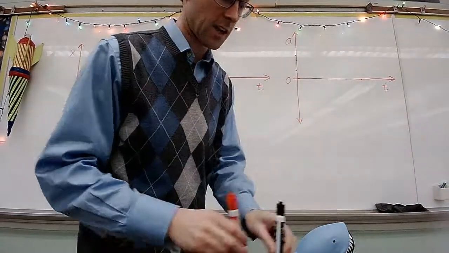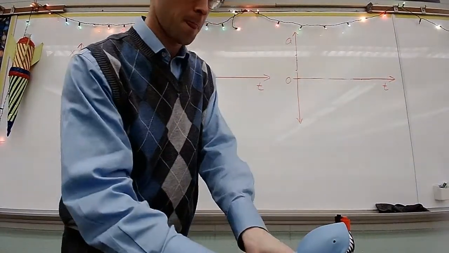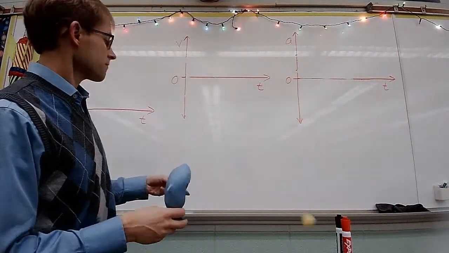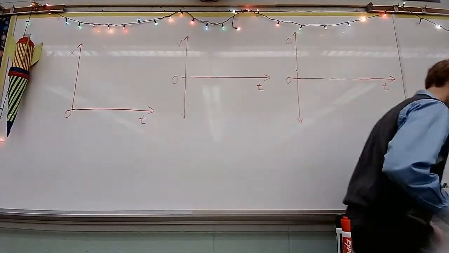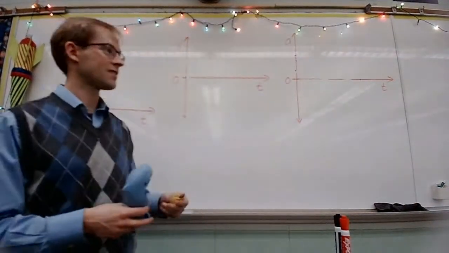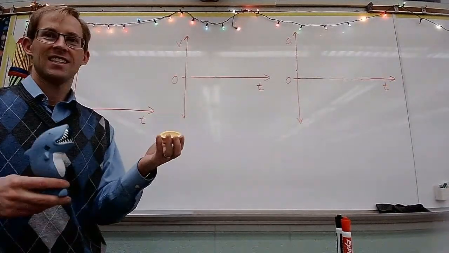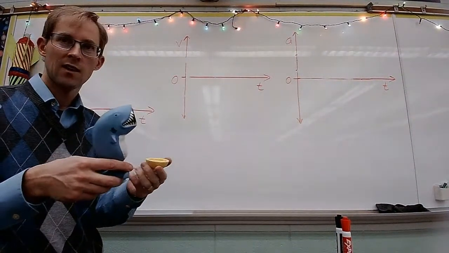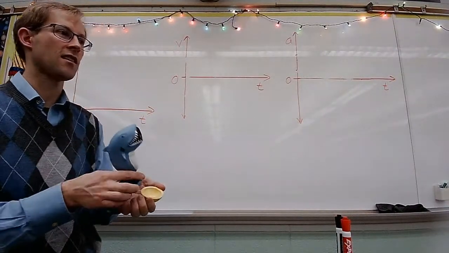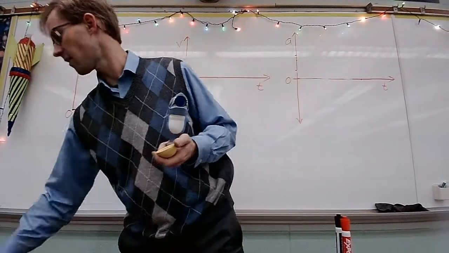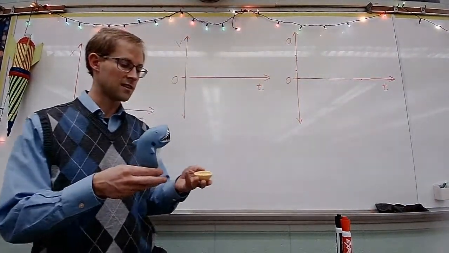So let's take another scenario here. Let's say that the shark, instead of picking up speed from the origin, has started out with a pretty large velocity.